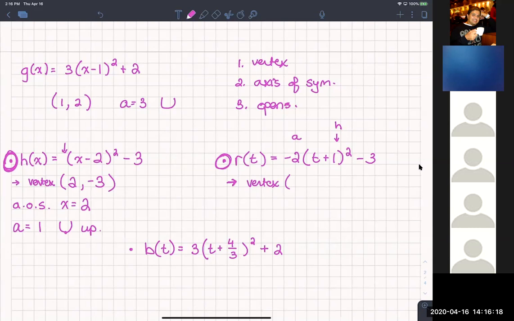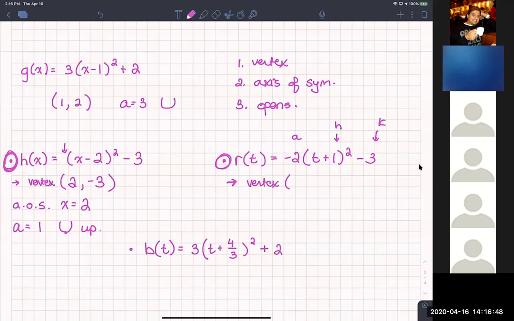So h is the number on the inside, k is the number on the outside. But remember, h has to be subtracted. So if it's being added, h has to be negative. What is h here, guys? What's the number on the inside of the parentheses? 1.